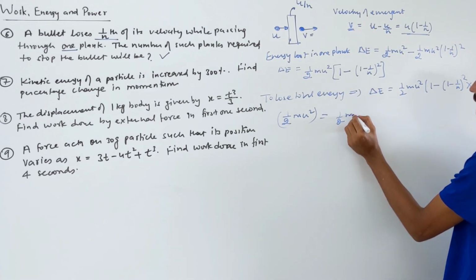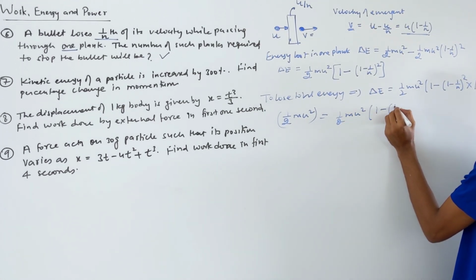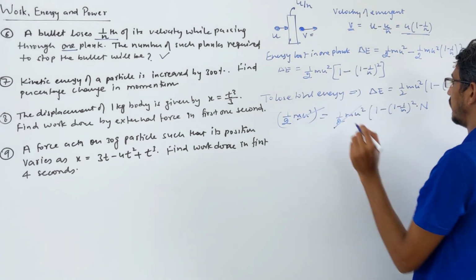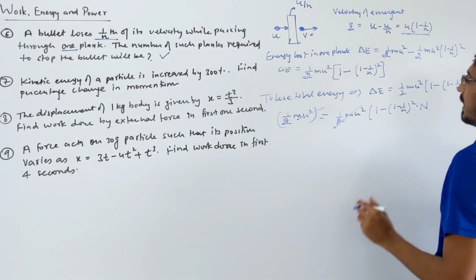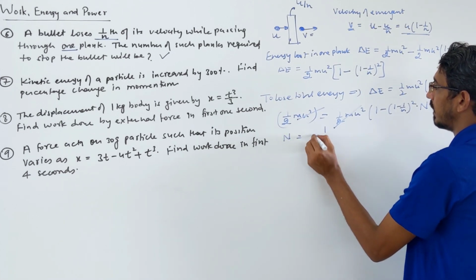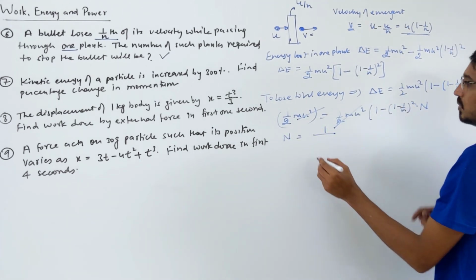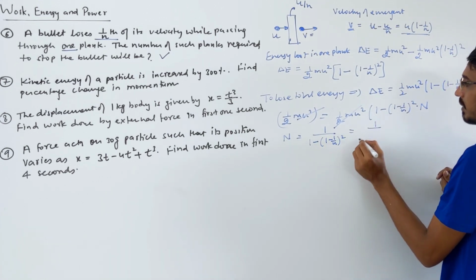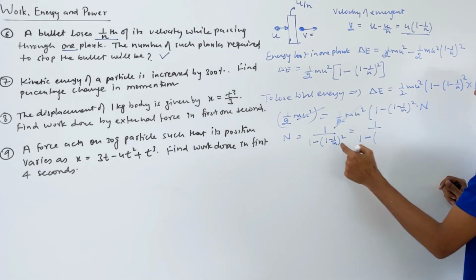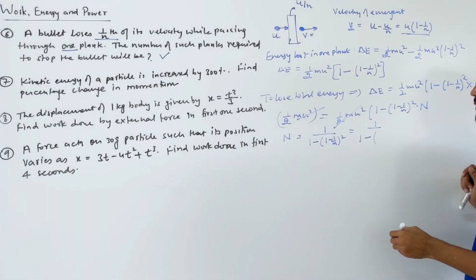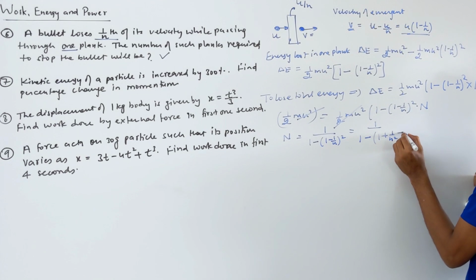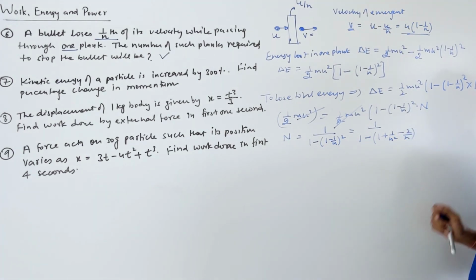So half m u square, 1 minus 1 by n whole square, into n. Okay, this term gets cancelled here. So the number of planks required is nothing but 1 upon that term, 1 upon 1 minus 1 by n whole square. If you open this term, what will you get? Using the a square b square rule, 1 plus 1 by n square minus 2 by n.